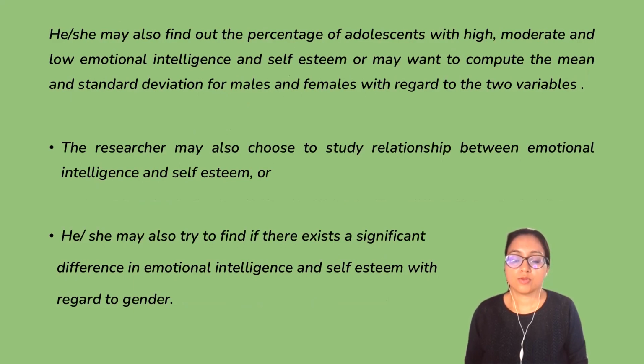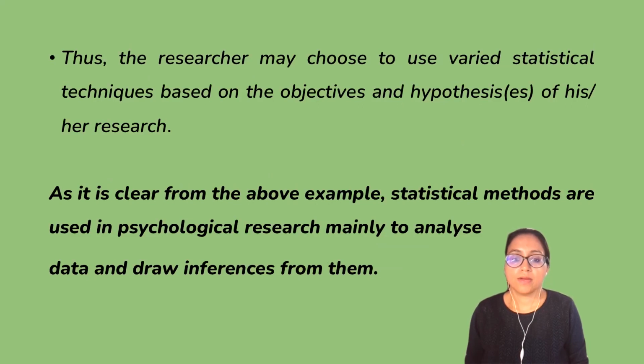The researcher may also choose to study the relationship between emotional intelligence and self-esteem, or try to find out if there exists a significant difference in emotional intelligence and self-esteem with regard to gender. So he may try to answer any sort of questions based on his or her hypothesis.